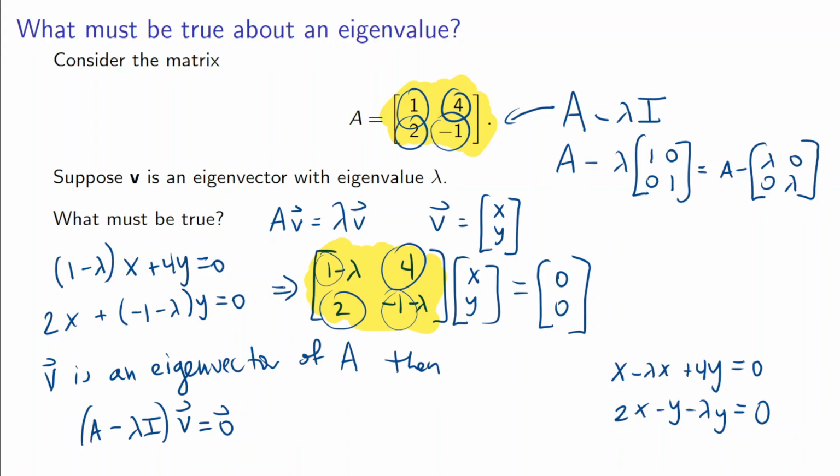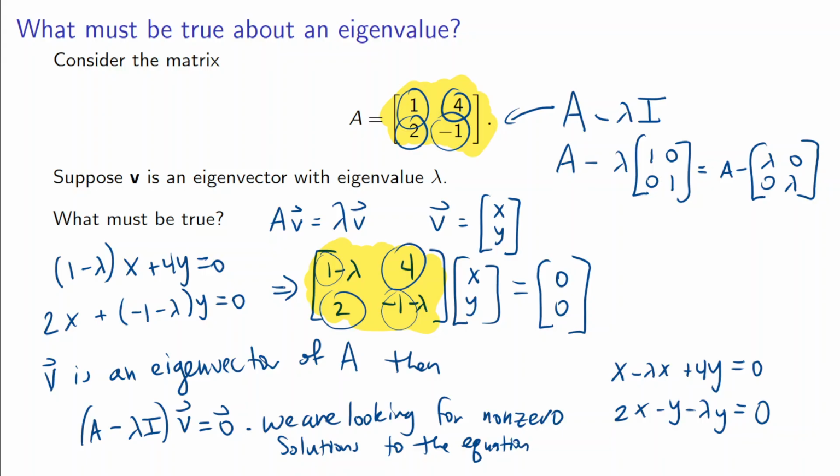So v is a solution to this homogeneous equation, and in particular, it needs to be a non-zero solution. Our eigenvectors shouldn't be the 0 vector. So we are looking for non-zero solutions to the equation A minus lambda I times v equals the zero vector.